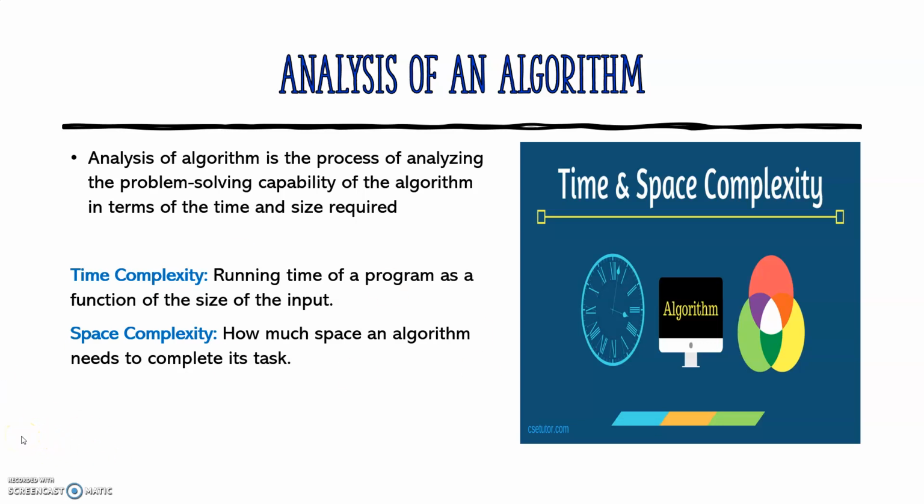Time complexity is the running time of a program as a function of the size of the input, and space complexity means how much space an algorithm needs to complete the task. The space complexity analysis was critical in the early days of computing when storage space on the computer was limited.